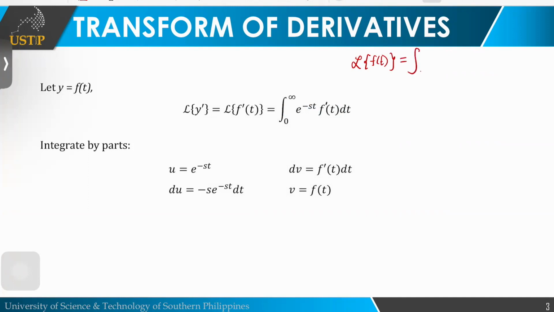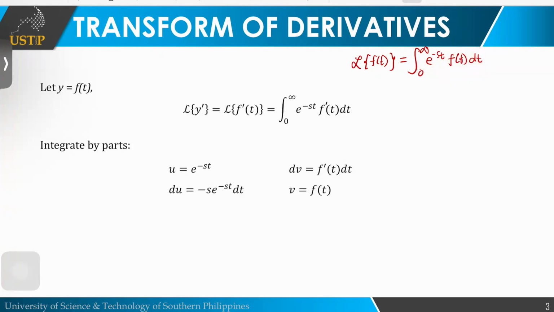So that is the integral from 0 to infinity of e to the negative st times f of t dt. Whatever you're getting the Laplace transform of, you plug in at that part, and e to the negative st dt is constant.